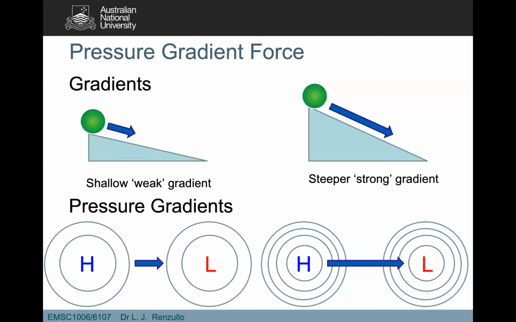So here we're depicting by concentric circles this idea of gradient. The tighter the spacing between the circles, the steeper the gradient, the stronger the equalizing force. This is the pressure gradient force.